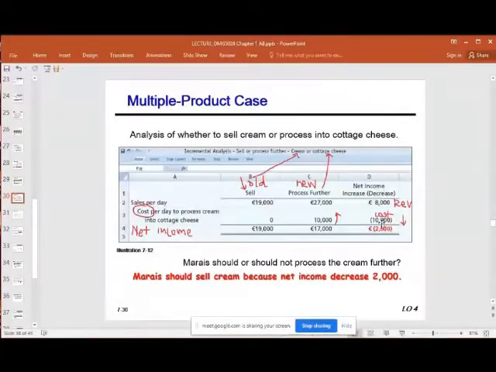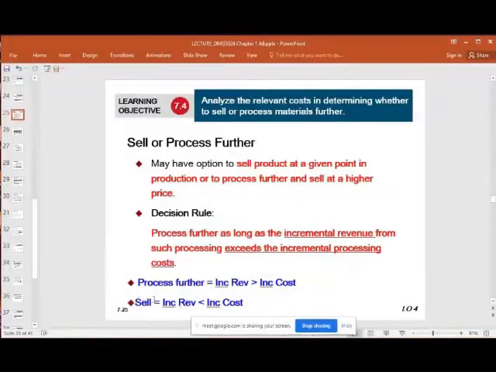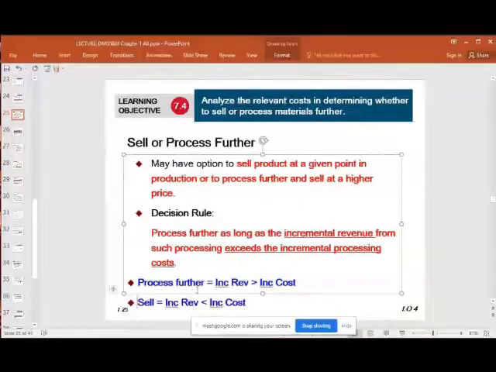Just looking at the numbers, cost is higher than revenue, so sell. Don't process further.